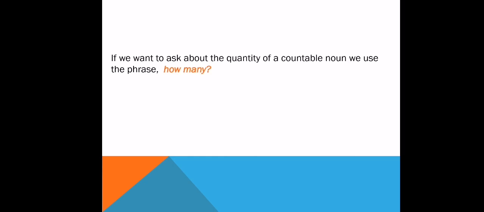If we want to ask about the quantity of countable nouns, we use the phrase how many. For countable nouns, we know if it's one or more than one apple, so that's why we use the words how many.